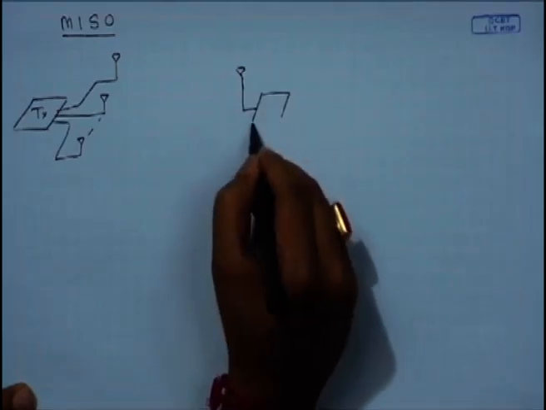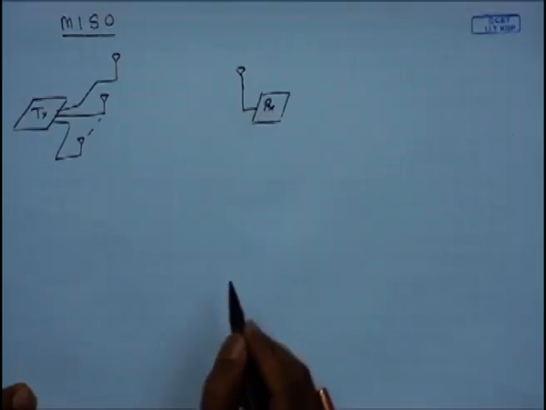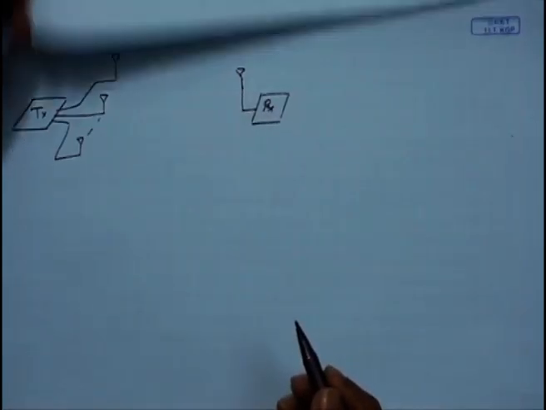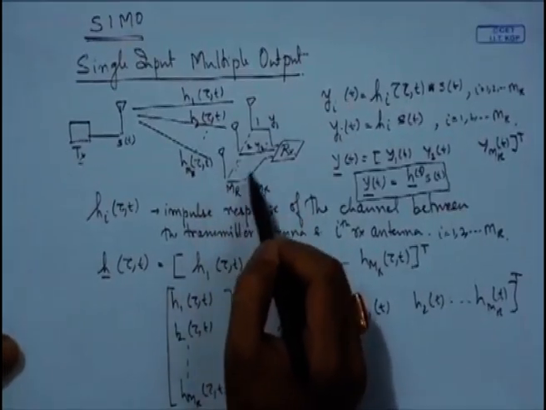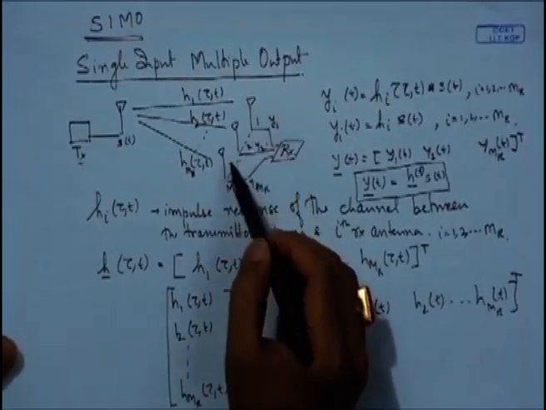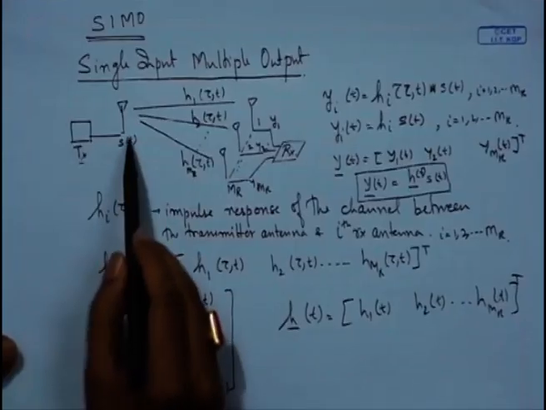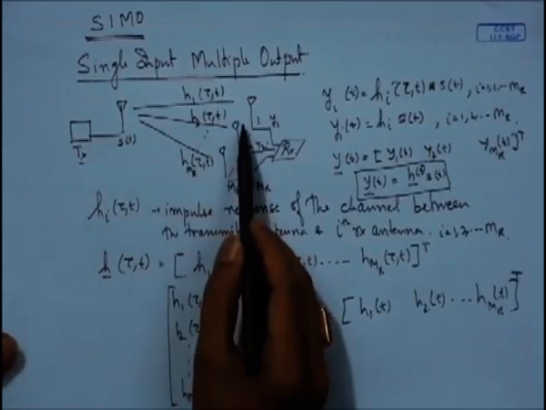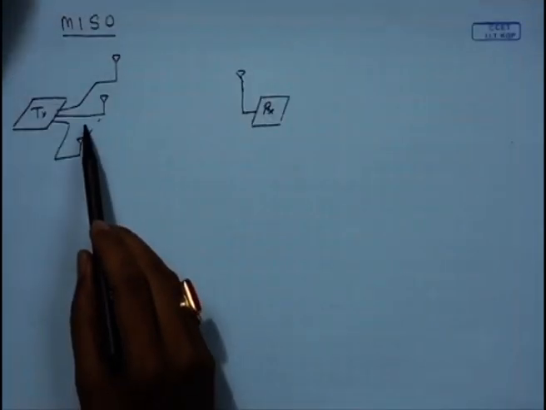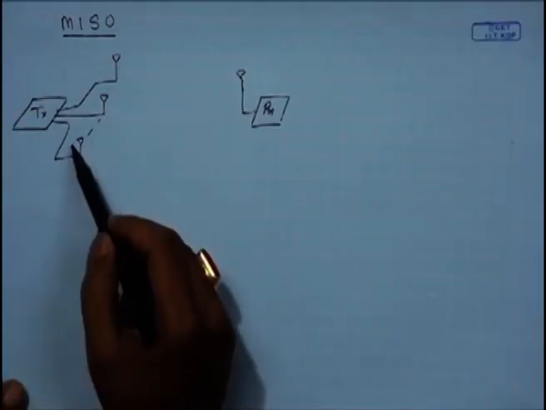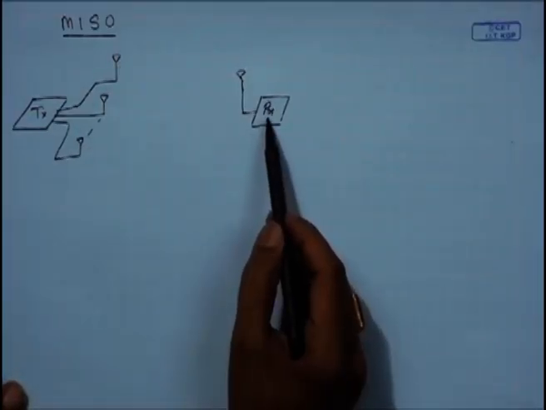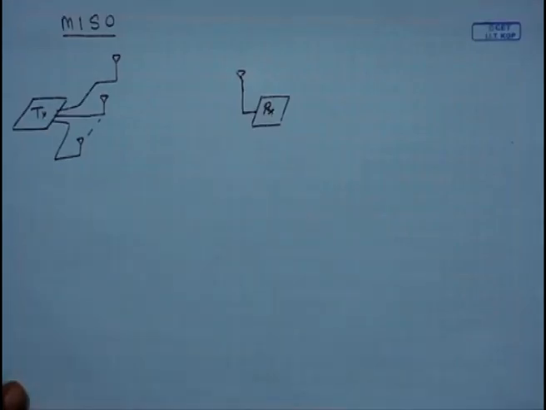So this is the reverse condition. Now one example of this could be the base station, which is pretty large and can hold multiple antennas, and this is the mobile which has only one antenna. So this is the uplink direction, and here this is the downlink direction. That means this is the base station with multiple antennas, and this is a receiver with a single antenna. So this could be a potential situation that we could take as an example.